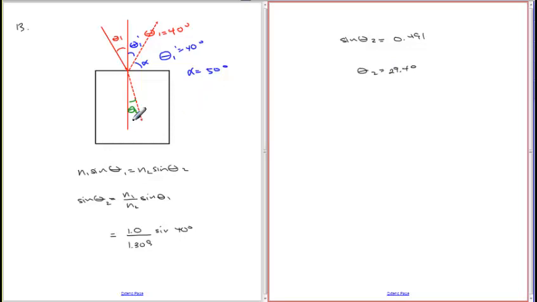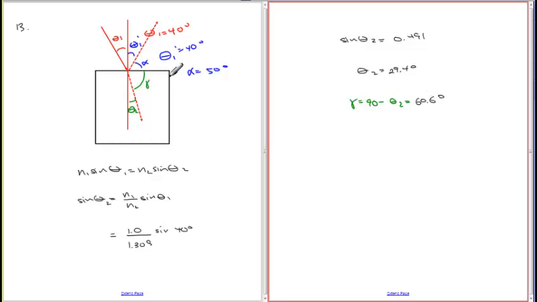So that's what this angle is here. This angle we'll call gamma. Gamma is going to be equal to 90 minus theta 2. So 90 minus 29.4 is 60.6 degrees.